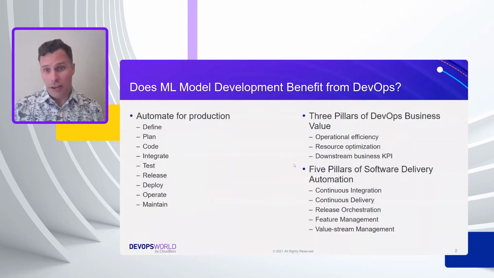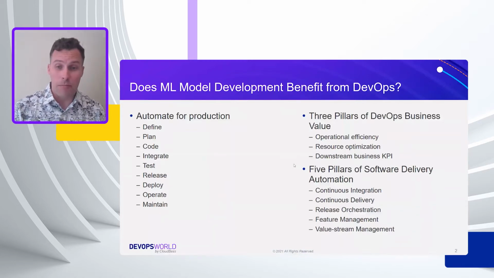Our 5 pillars of software delivery automation: making it to where we are continuously improving, continuously delivering, that we know exactly what's in the field and where it's at, what it's able to perform, and what value it's actually able to achieve for the customer's desired outcome or a business's desired requirements.